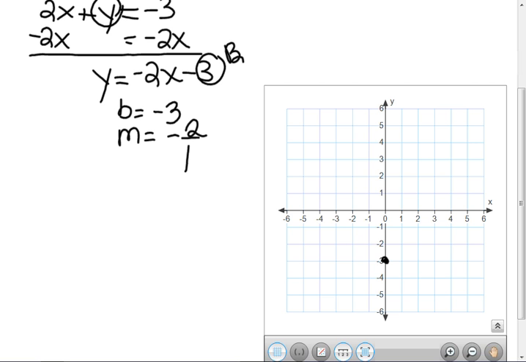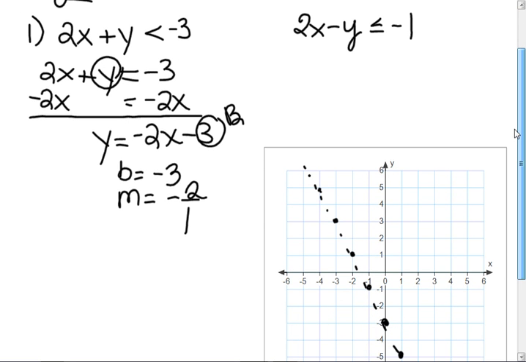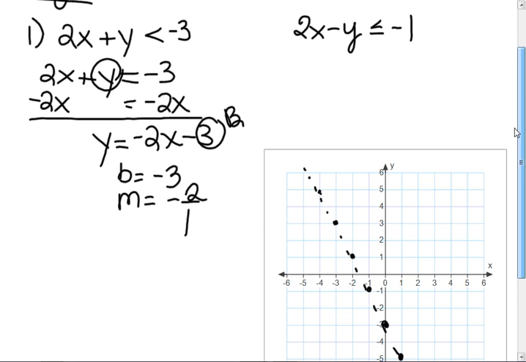Down 2/1. Is mine dotted? Yeah. It's dotted. Okay, Cole? Which side are we going to graph? Shade. Well, we're going to know in about 2 seconds. We've got the boundary. Do you see why it's a dotted line?